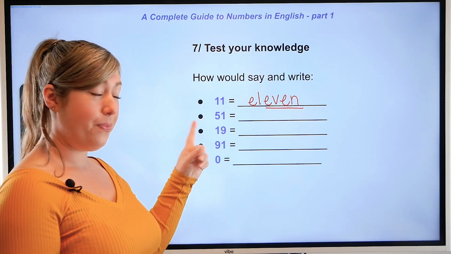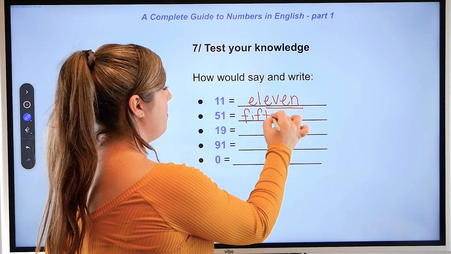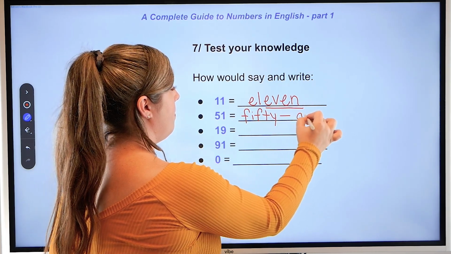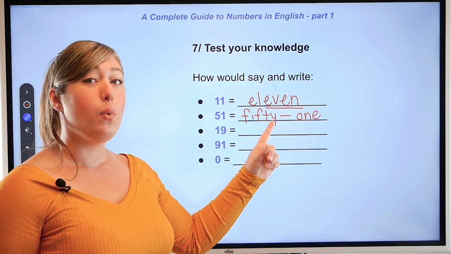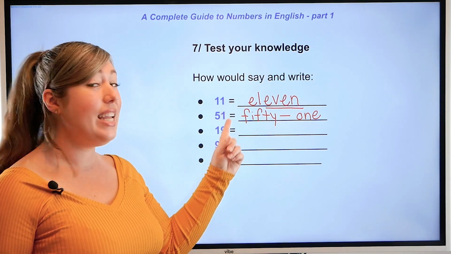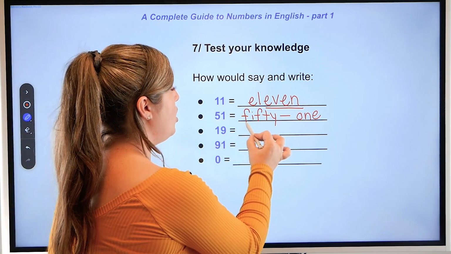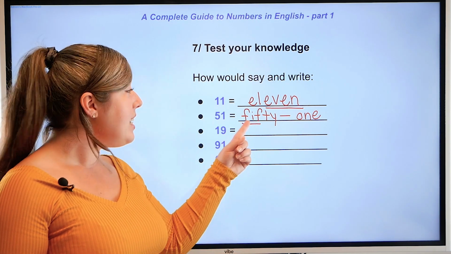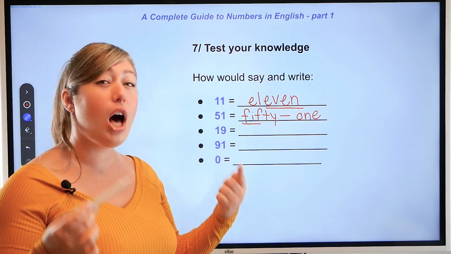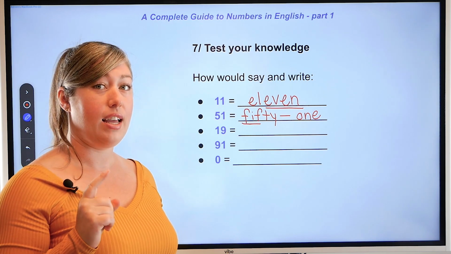And this one? I added a hyphen here, which is important for any number in the tens. Of course, you remember that we have a stress on the first syllable for numbers in the tens, and this T makes a soft T sound, 50, 50.